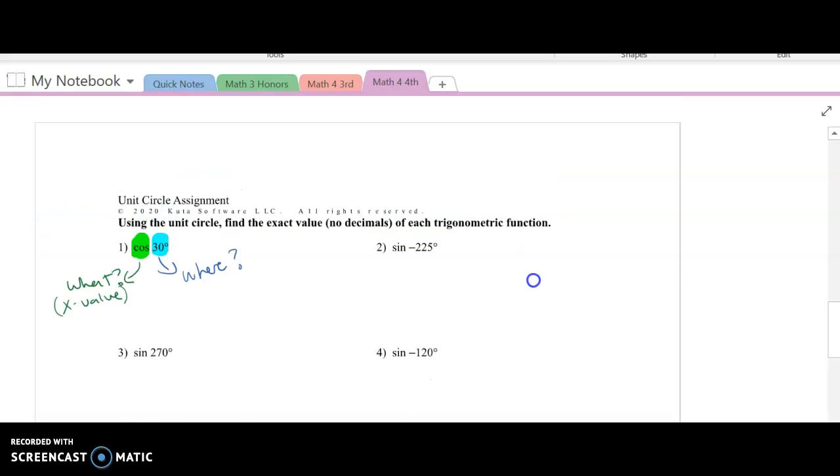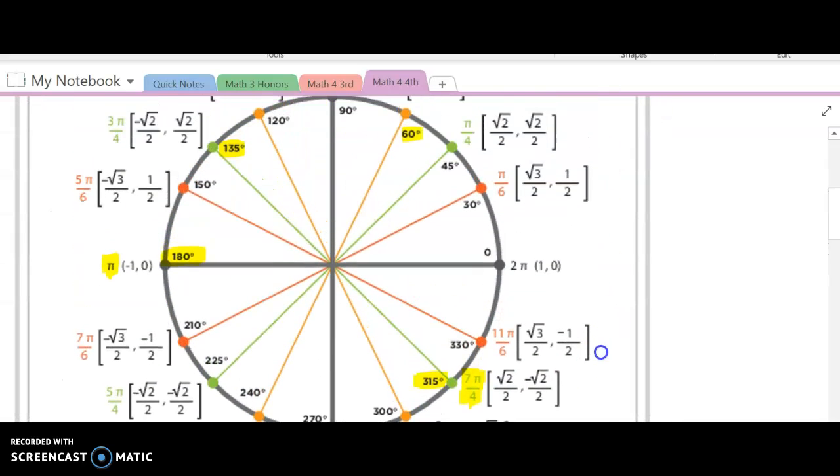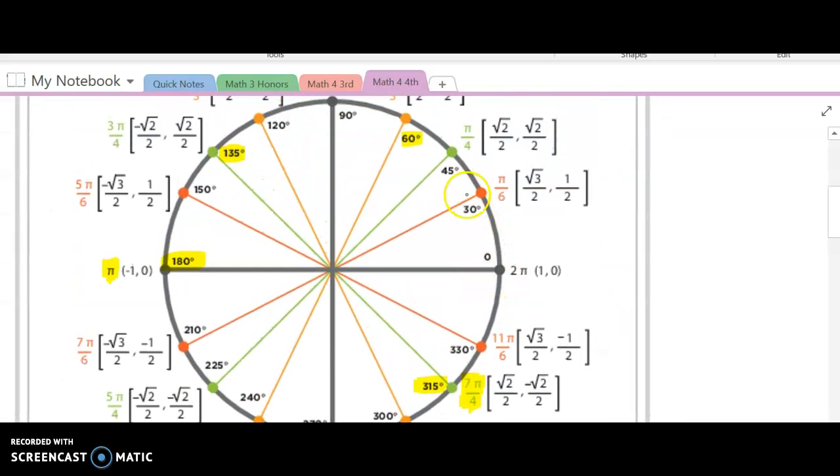Okay, so let's go up to our unit circle that we filled out. Let's go to 30 degrees first. 30 degrees is found right here. So that's our where. Now we need to do the what, and that was cosine of 30. What I mean by x value is that we're going to be using the coordinate given with 30 degrees.